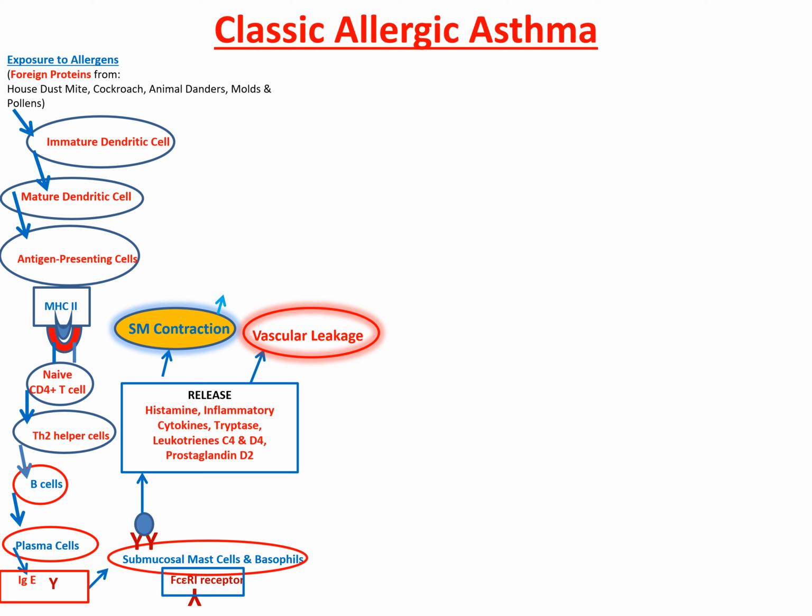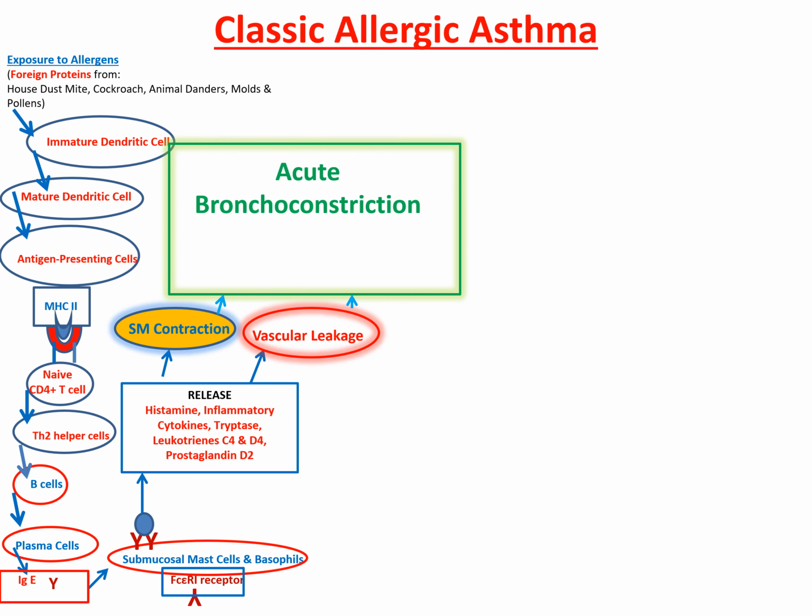These two conditions, the leakage through the blood vessels and the contraction of the smooth muscles, are responsible for what we call the acute bronchoconstriction, and that happens in the first few minutes up to about 60 minutes. So that's what we call the early asthmatic response.